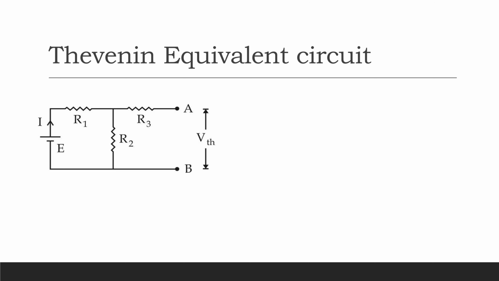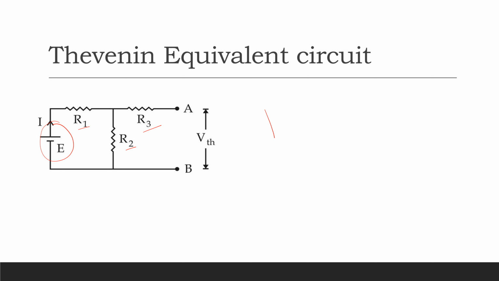This circuit shows a voltage source, then R1 resistor, R2 resistor and R3 resistor. According to Thevenin statement, we are interested to find Vth and equivalent resistance for this entire circuit.